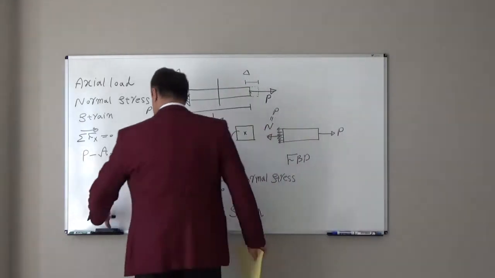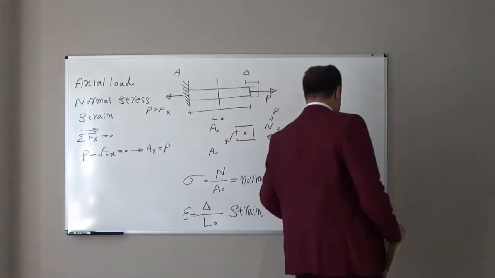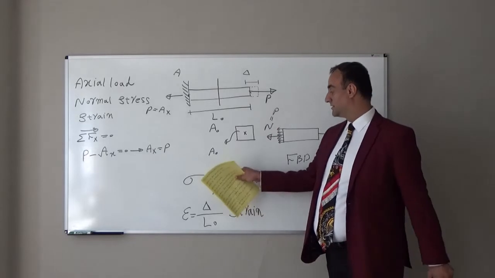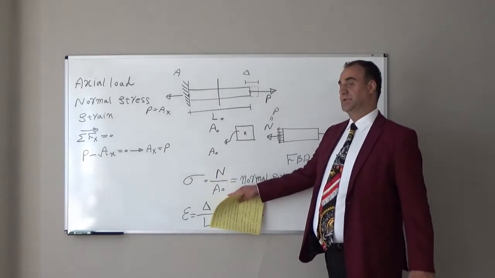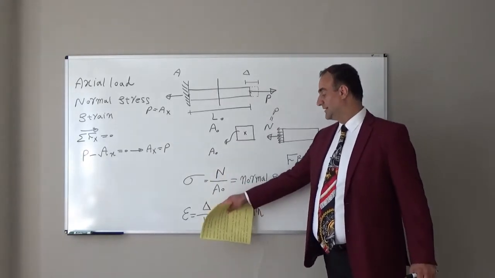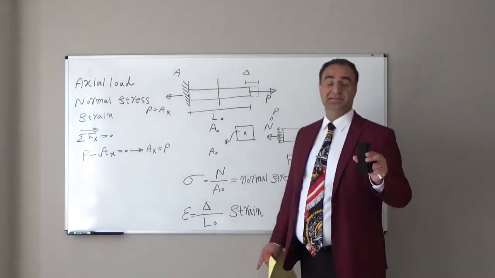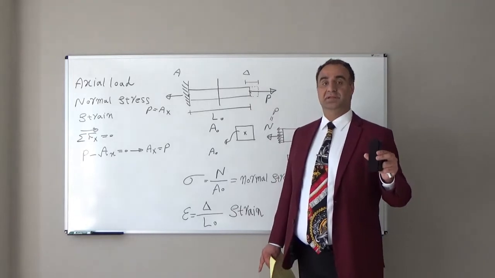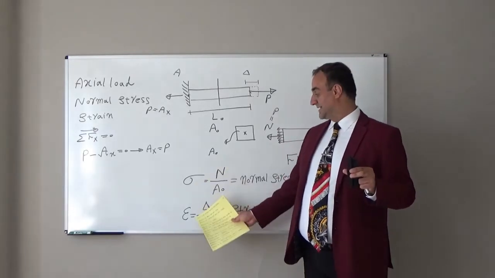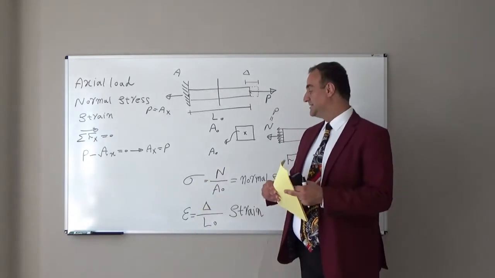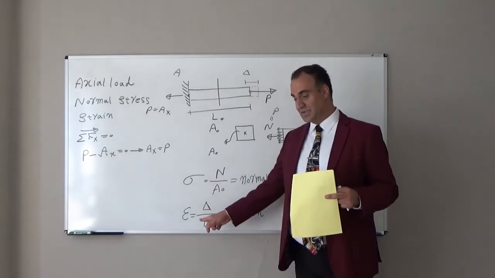You should pay attention. Always, when we are dividing, we should divide force by initial cross-sectional area and deformation by initial length. There is a special reason for that. Later on I will talk about that. These stress and strain we call engineering stress and strain.